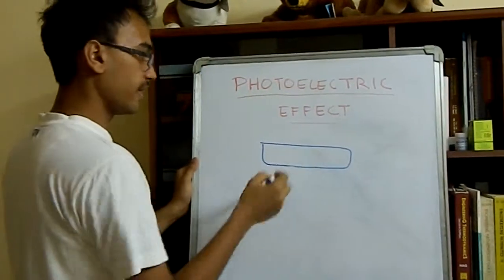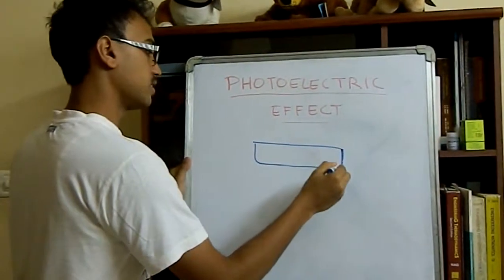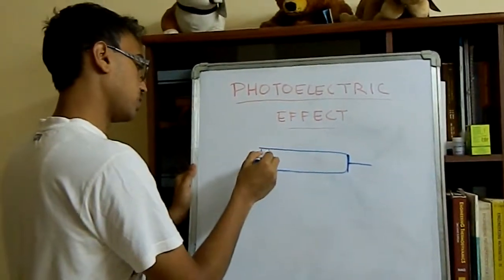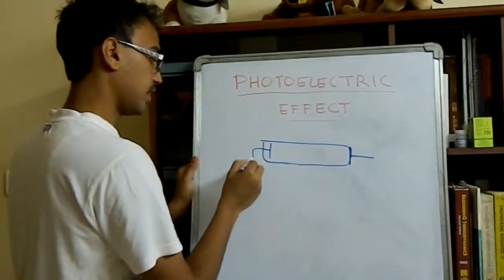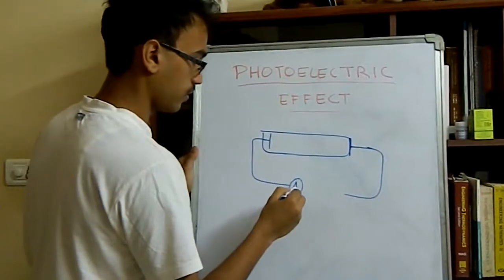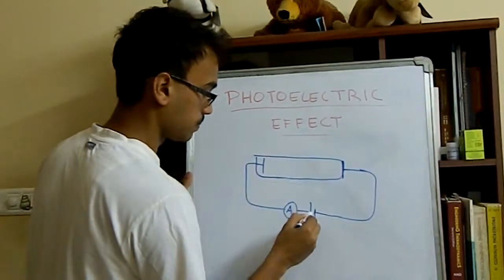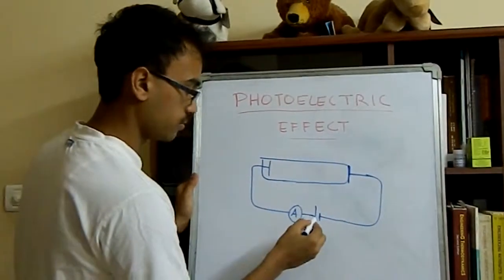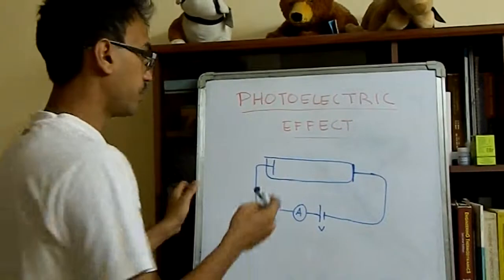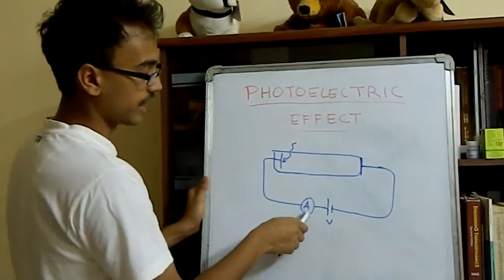So this is an evacuated tube, and this is a metal electrode. There is another metal plate over here, and these two are connected with an ammeter and an EMF denoted by V. So when light is incident on this metal, current is observed.